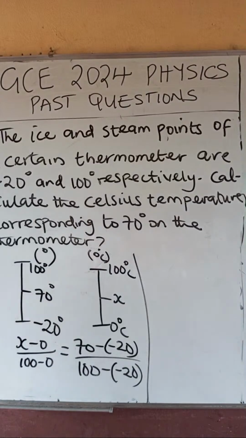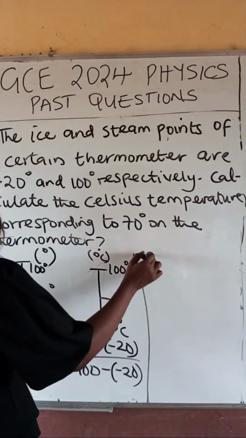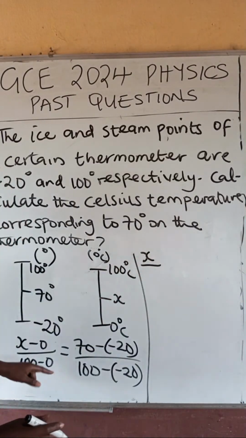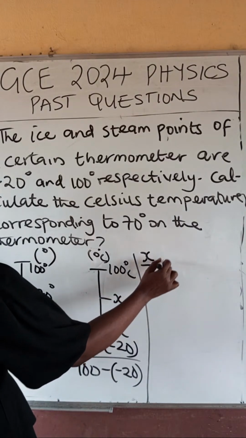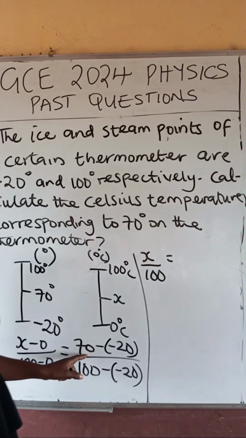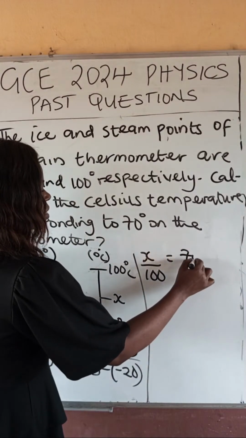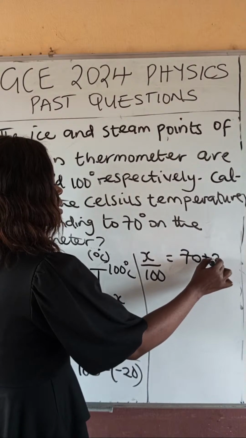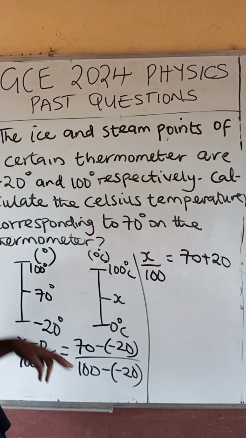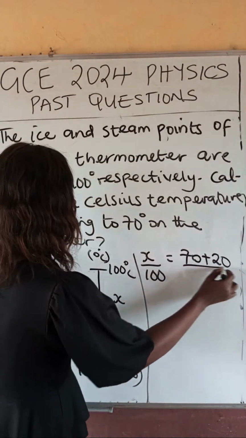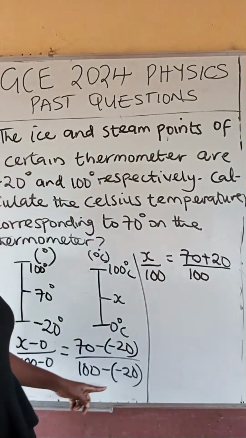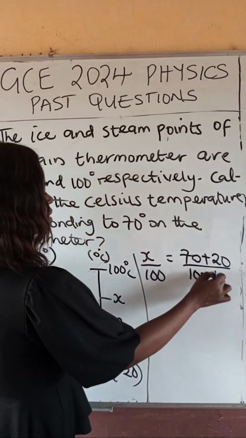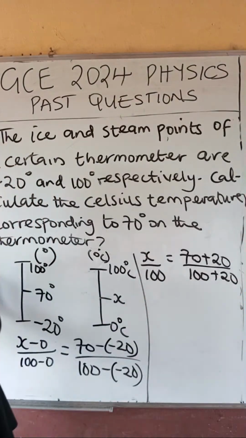Now, x minus 0 is going to give me x over 100 minus 0 is going to give me 100, is equal to, this is 70, minus times minus is plus, all right, plus 20, right? Now, this is 100. Minus times minus is plus. I only have 20. So let me break it down.